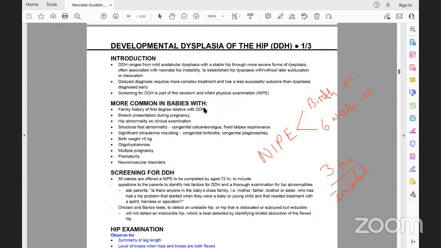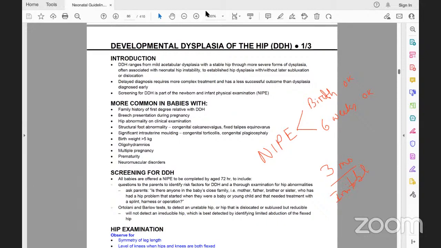Or the mother will tell the doctor, I'm observing that my baby's right and left limbs are unequal. That is called Galeazzi sign, abnormal buttock crease. Mother will tell you that there is abnormality in the length of both the legs. So that means the baby was an undiagnosed case.